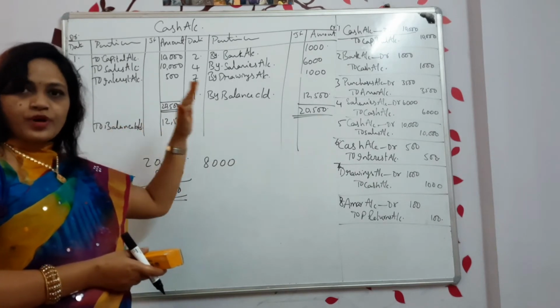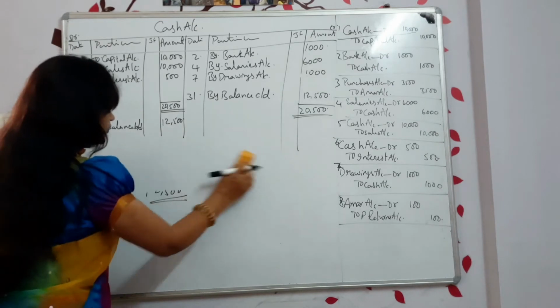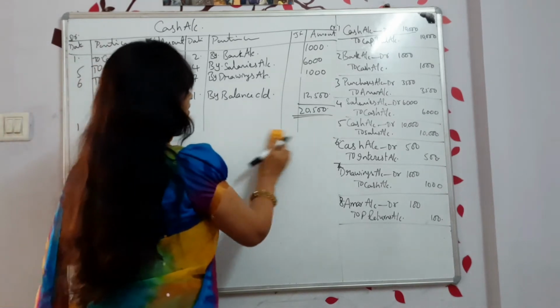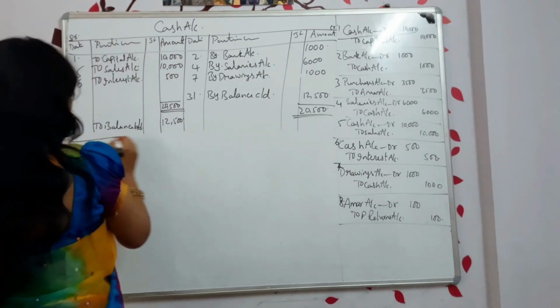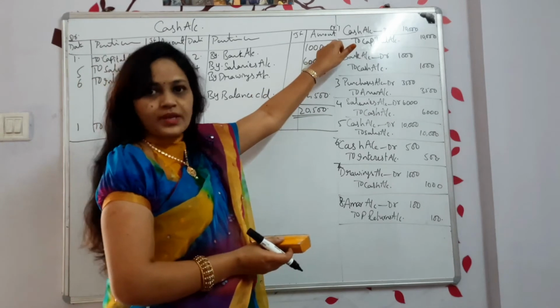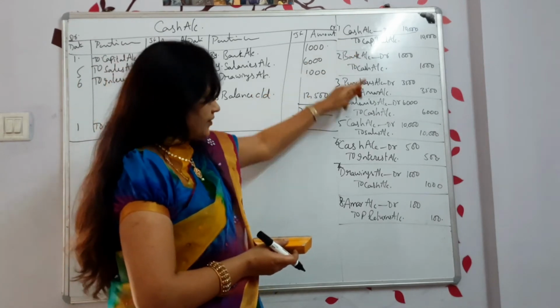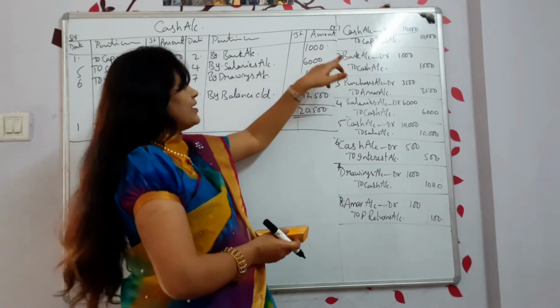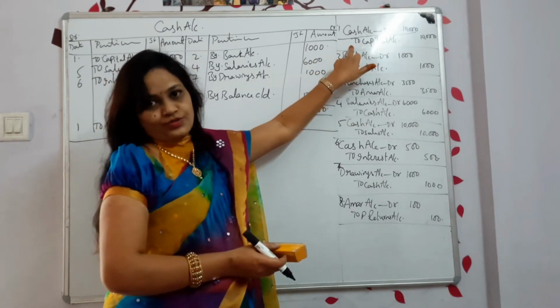Got it? I hope all of you understood. So please copy this one first, then we will prepare the next ledger. What is the next ledger? See, the first one, cash, we completed, from the first journal. Wherever cash is there, you have taken all the transactions and completed them. Now next, capital account.